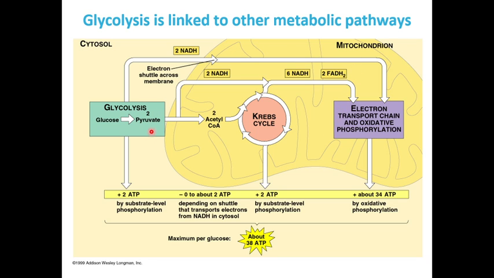The pyruvate, however, enters what is called the Krebs cycle. And this is how pyruvate gets converted to small molecules like carbon dioxide, and as a result leads to formation of more ATP molecules. Now let us discuss in detail what other pathways pyruvate can participate in.